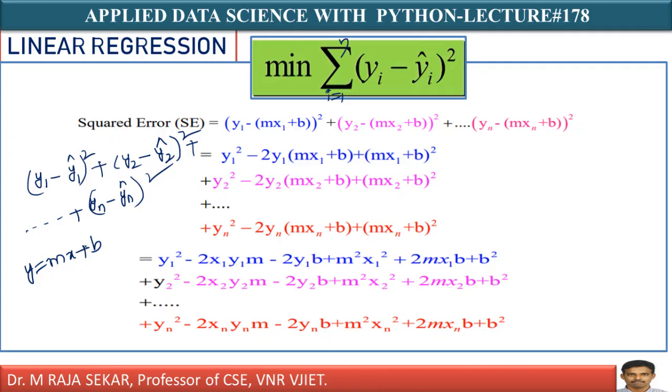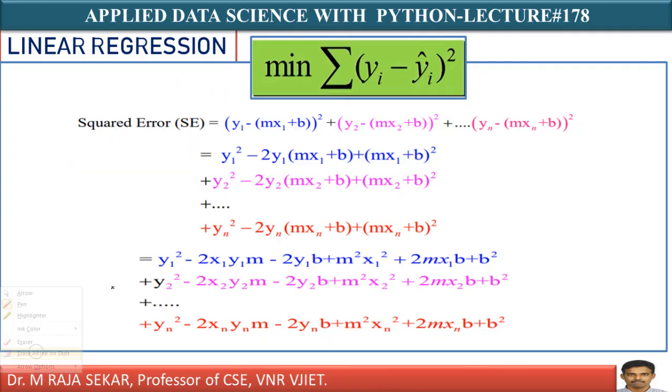So here, what is the error term? y1 is the actual value. What is my predicted value? y cap equal to mx plus b.